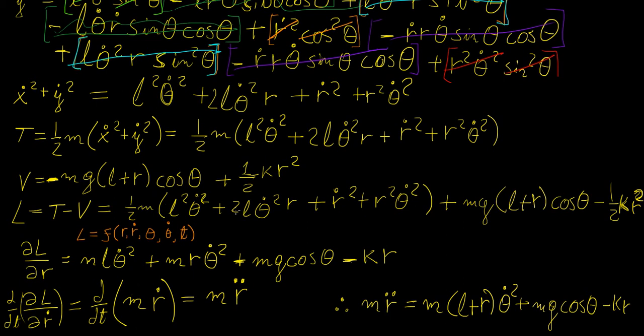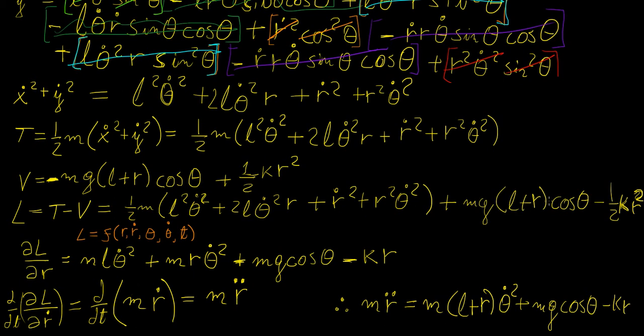When you expand this out, you get this term here. The next thing that contains an r is this term here. Remember, r is a different variable from r dot. So this one is m times 2r theta dot squared, but the 2 cancels out, so you have m r theta dot squared.